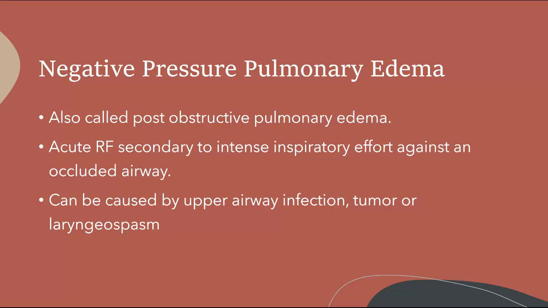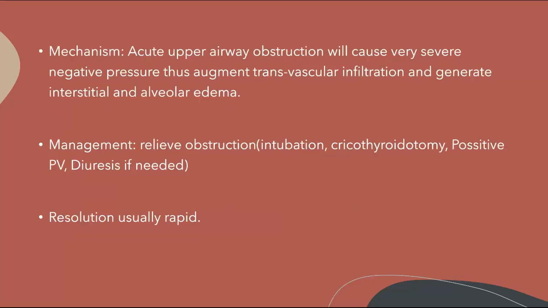So as I mentioned, causes are infections, a tumor, laryngospasm. The mechanism is, as I mentioned, increased intrathoracic negative pressure causing more fluid to move to the alveoli and causing severe pulmonary edema.